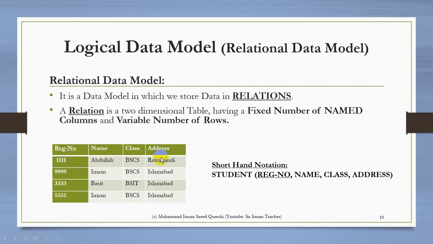If one user asks me, give me the data sorted on the basis of class, then I will design the query in such a way that it will provide the data in class wise order. If some other user says I need the data name wise, then I will simply say, okay, design a query in which you sort the data on the basis of name.